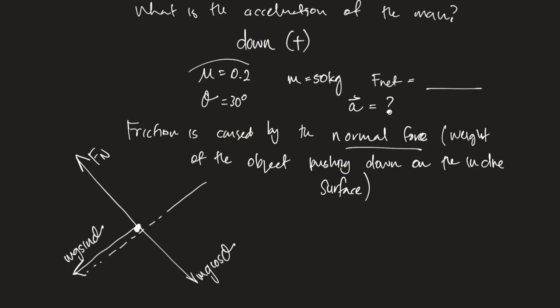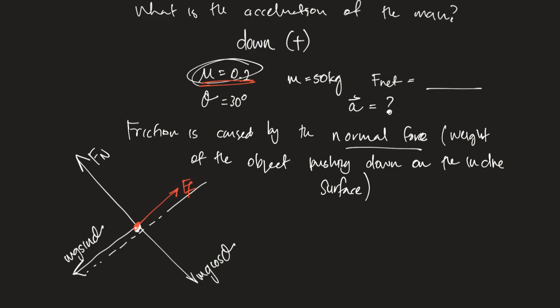But because of this coefficient, mu being 0.2, I also know that going up the incline, I have a force of friction. So that is my free body diagram. And like I said, you need to make sure that you draw this with a pencil and a ruler.